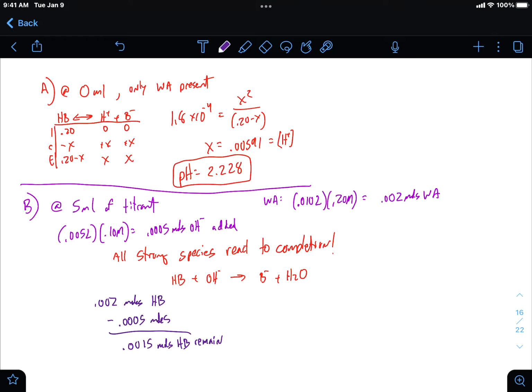Because neutralization occurred, we made the conjugate, B minus. How much B minus did we make? Well, look at the mole ratio. It's 1-to-1. So however many moles of the weak acid decreased, we gained 0.0005 moles of B minus produced.